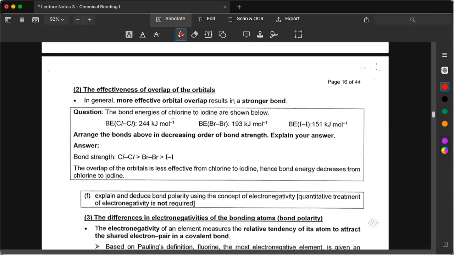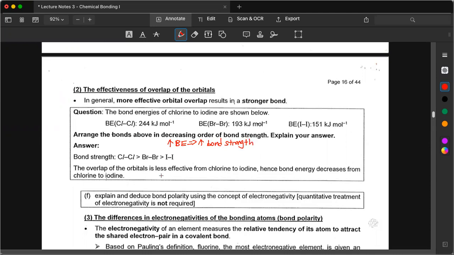So this is the bond energy of chlorine to iodine. Now, if we talk about the bond strength, obviously chlorine is the strongest among the 3 based on the bond energy. So high bond energy means high bond strength, or strong bond strength.